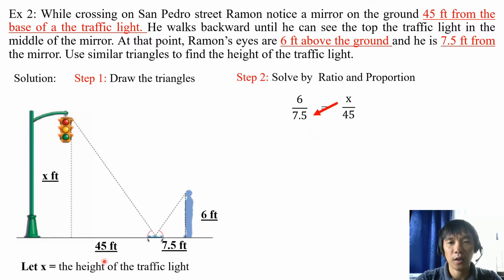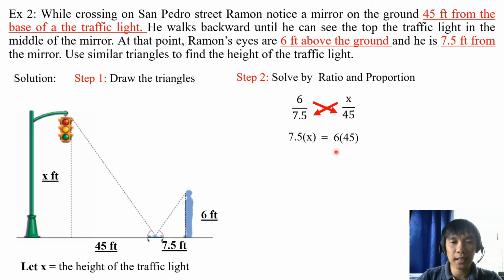After which, we are going to use cross multiplication. So that's 7.5 multiplied by x, and the next one will be 6 times 45.